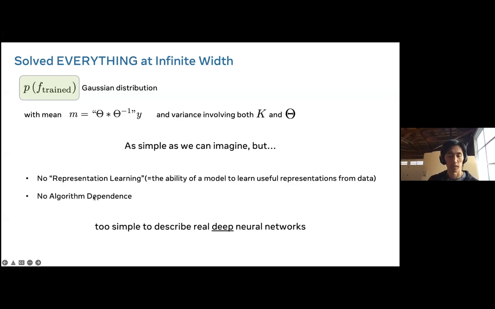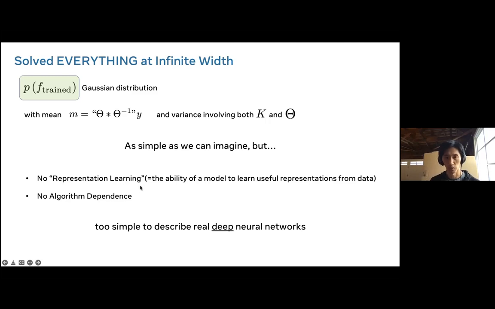So since we talked about this, let me talk about the second element first. There seems to be no algorithm dependence, except a few things like what the labels are and so on. That's weird because in practice you see all the dependence on which algorithm you use, or batch size and such, and you're not seeing that here. Also, there's no representation learning.